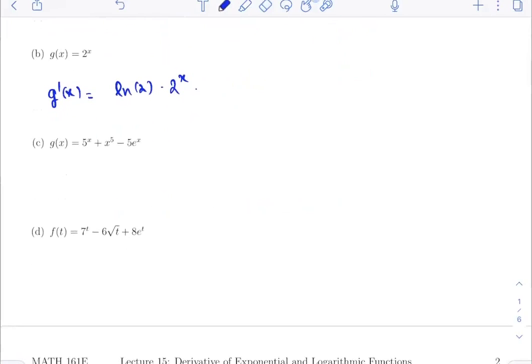Problem C. In this problem, I have the function g of x equal to 5 to the x plus x to the 5th power minus 5 times e to the x. The derivative g prime of x is equal to (5 to the x plus x to the 5th power minus 5 times e to the x) prime. Again, the derivative of a sum is the sum of derivatives, and the derivative of a difference is the difference of derivatives.